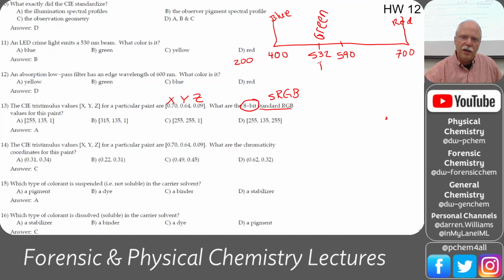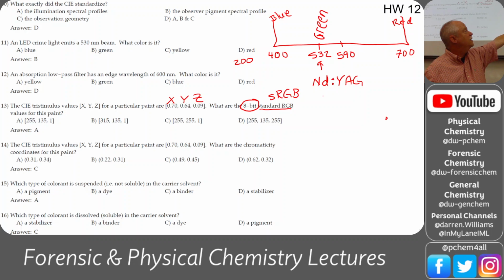Okay, and I'll go ahead and write out the neodymium. So that's Nd, YAG. Neodymium is from the periodic table. It's element number 60. So you have cerium, praseodymium, and neodymium. So Nd is neodymium.